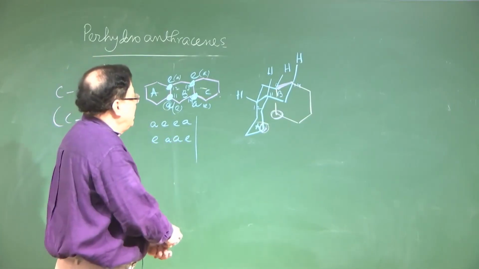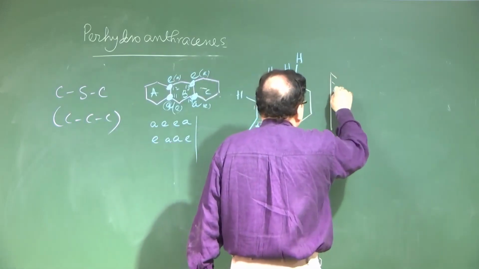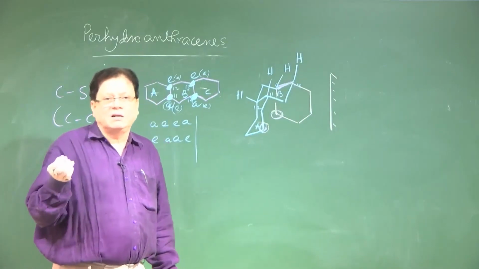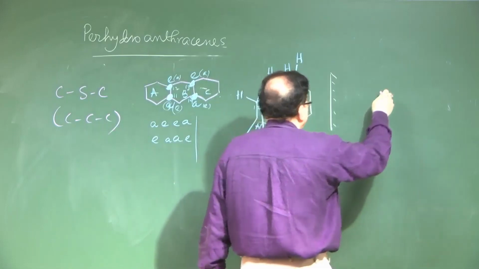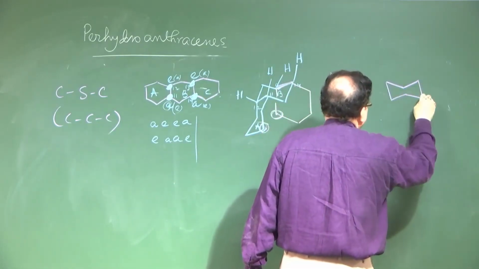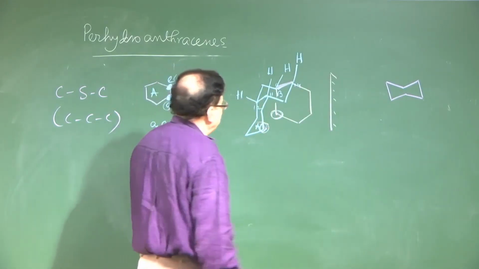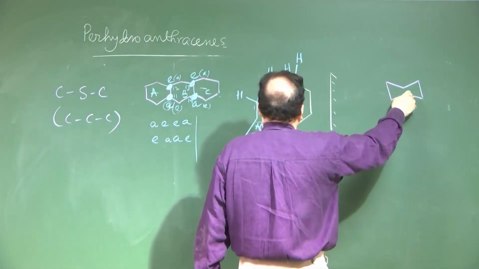Okay. And the mirror image, let us draw the mirror image of this and try to see whether they are superimposable or not, because that will tell you whether it is a true meso or a non-resolvable DL pair. So, draw the mirror image of the B chair, and then the other ones, that means now the 11 is here.